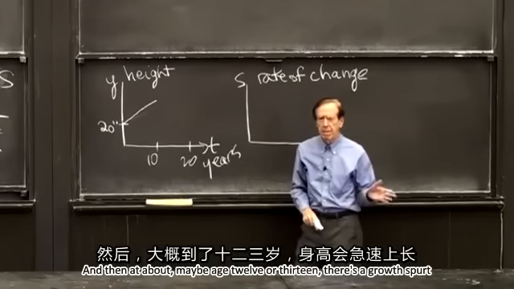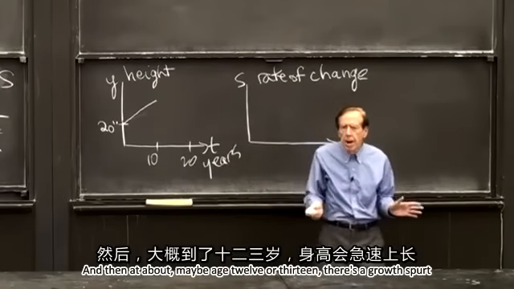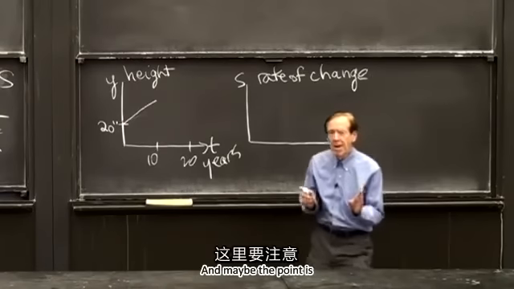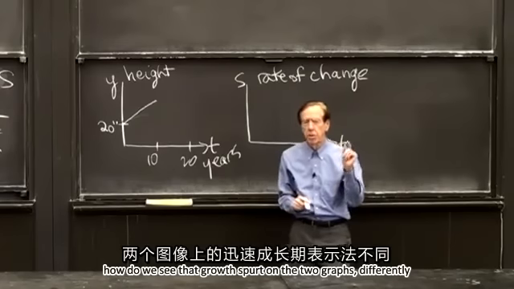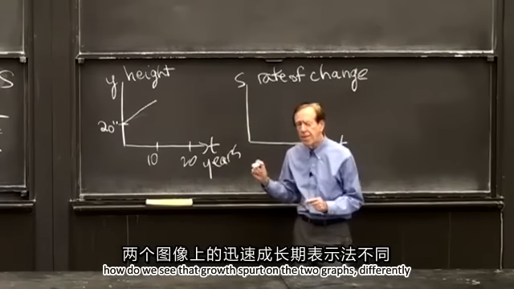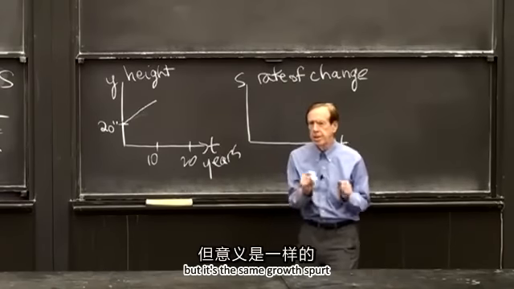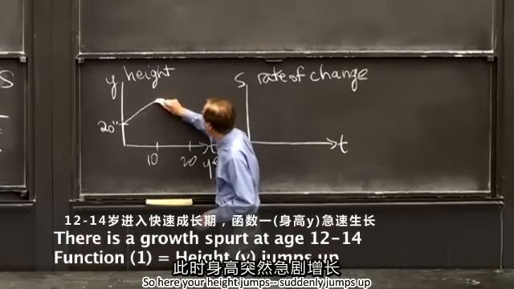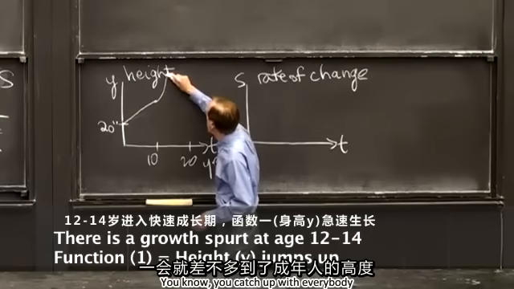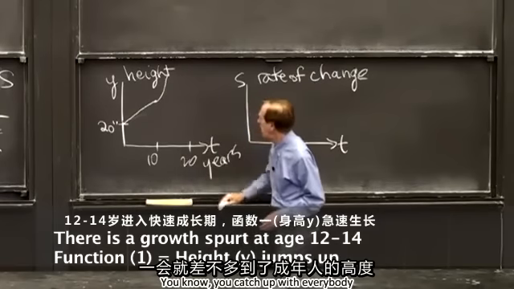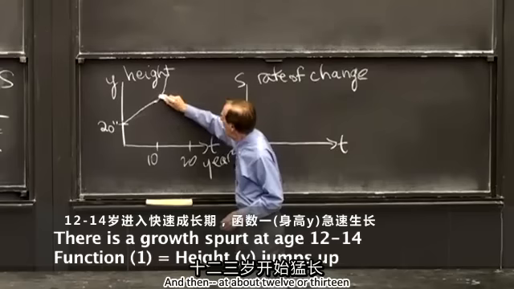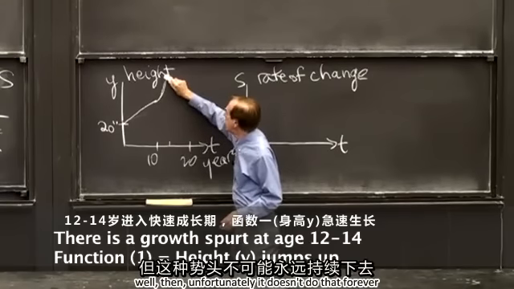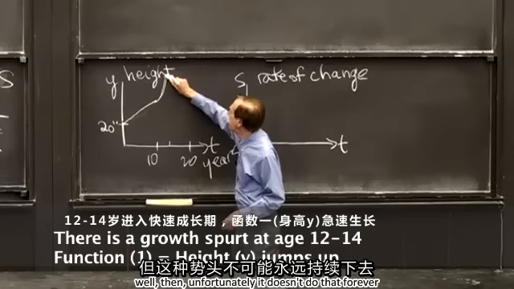And then at about maybe age 12 or 13, there's a growth spurt. And maybe the point is, how do we see that growth spurt on the two graphs? Differently, but it's the same growth spurt. So here your height suddenly jumps up. Boy, you catch up with everybody. And then unfortunately it doesn't do that forever.